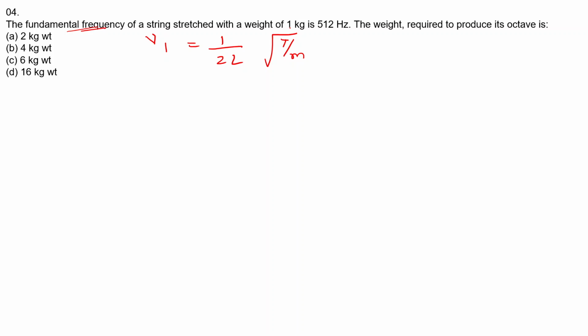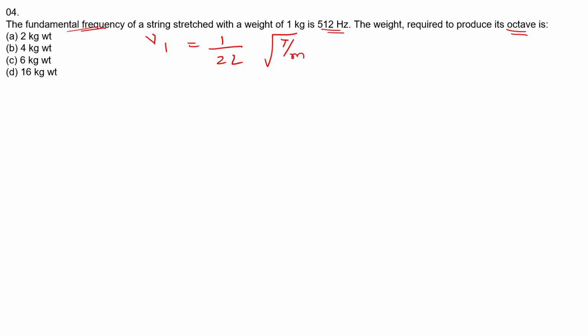Then the question is, with 1 kg weight, we are generating fundamental frequency of 512 Hz. Then how much weight is required to produce its octave? When we say octave, we mean double of this particular frequency.